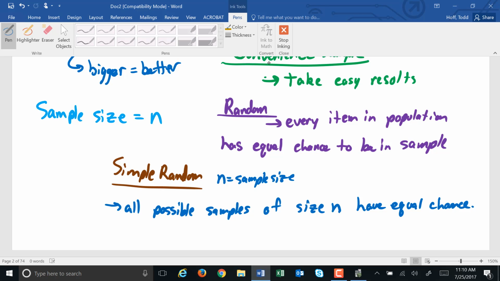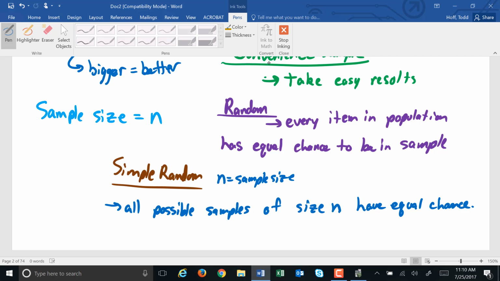I would take the names of all the students at WITC last semester, throw them in a hat, and draw out however many I want for my sample. Let's say I determine I'm going to survey 30 people. I'll draw out 30 names, and I'll survey them to figure out how much they spent on textbooks. That is a simple random sample.